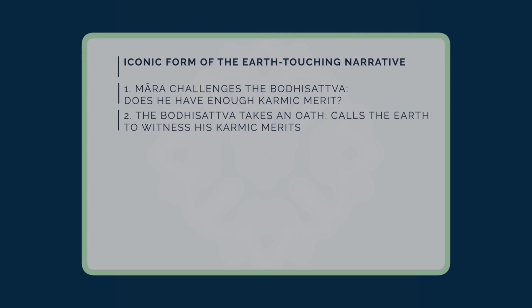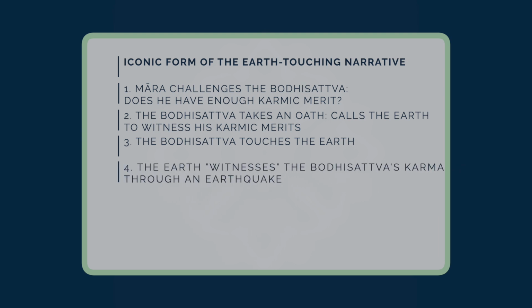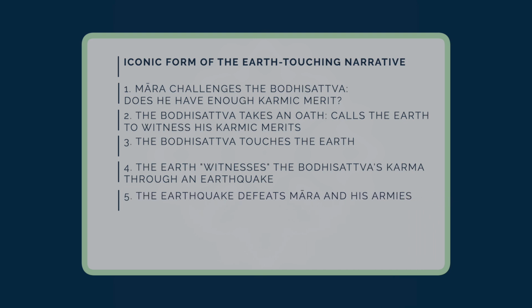And then, third, the Bodhisattva touches the earth. Fourth, the earth witnesses the Bodhisattva's karma through causing an earthquake. An earthquake arises that is the witness there, and that earthquake then defeats Mara. These are the 5 aspects of this short narrative.